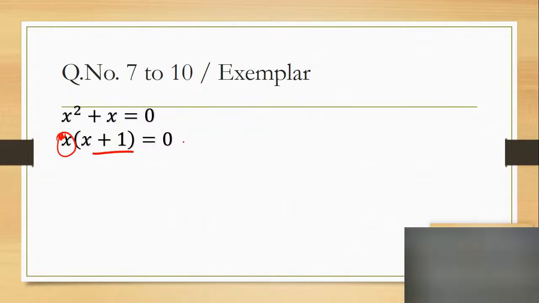So x equal to 0 and x plus 1 equal to 0, therefore x will be minus 1. So the required answer of this question will be x equal to 0 and x equal to minus 1.